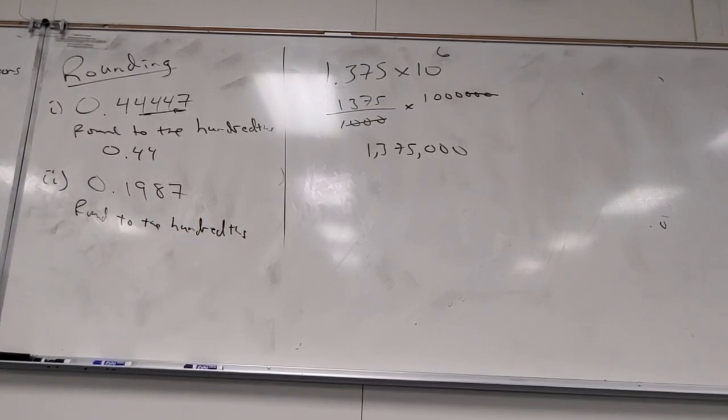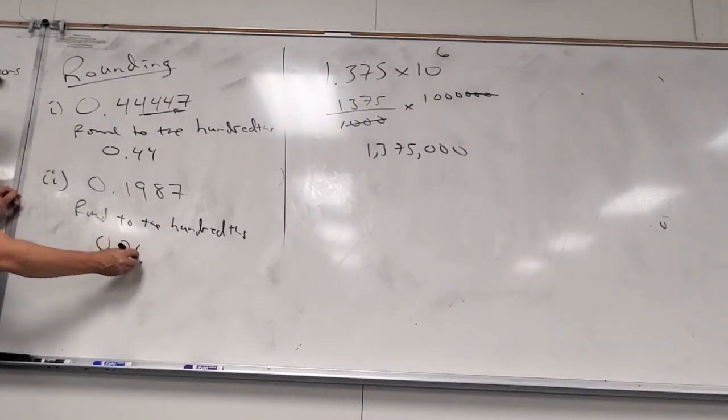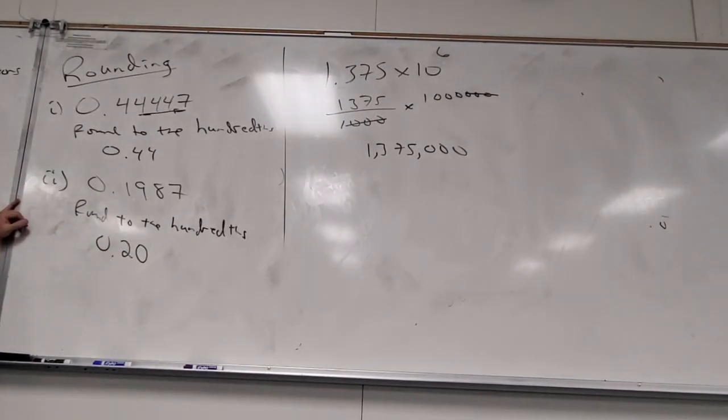For some reason, this sometimes freaks people out. Does anyone know what that would be? Yeah, exactly, 0.2. And just to really make sure, you could put like a 20, just to show, hey, I did it to the hundredths place.